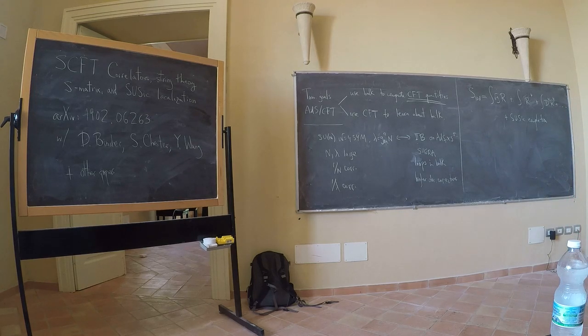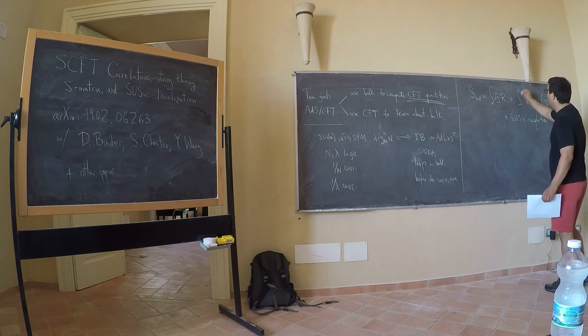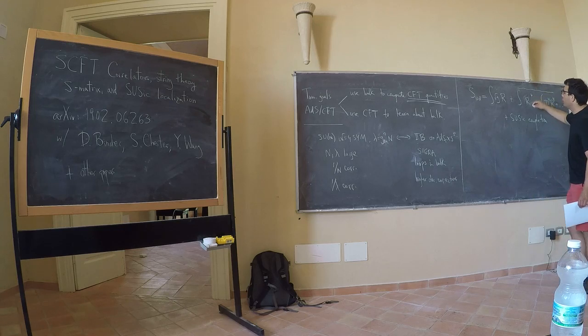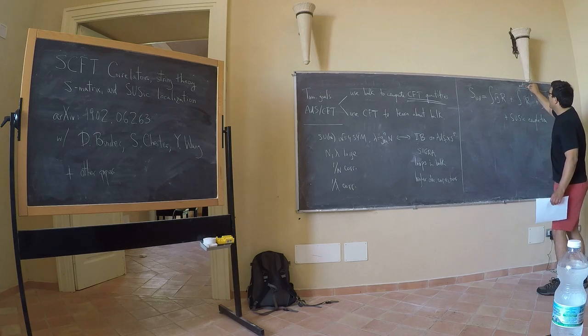And it's kind of an embarrassing thing, but the Riemann to the 4 is the first correction to supergravity, and this term and its supersymmetric completion is not completely known.